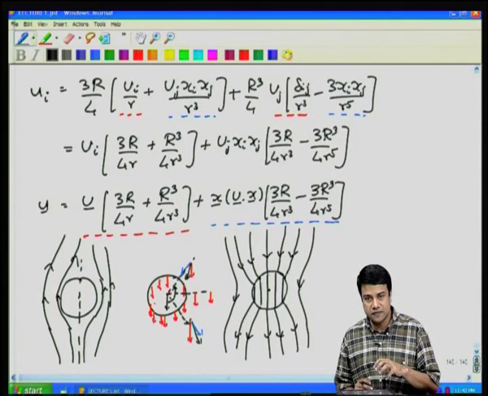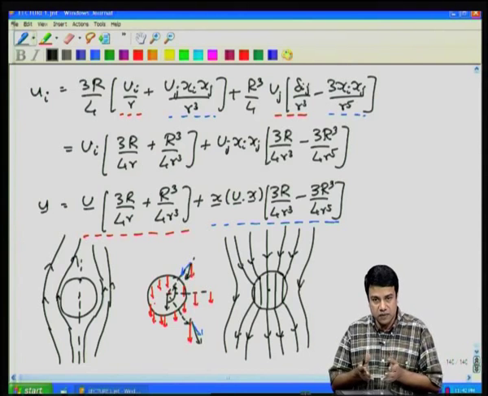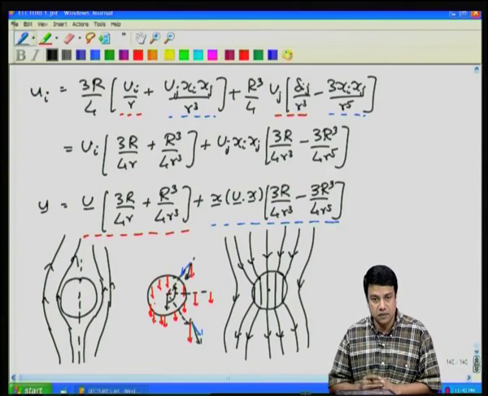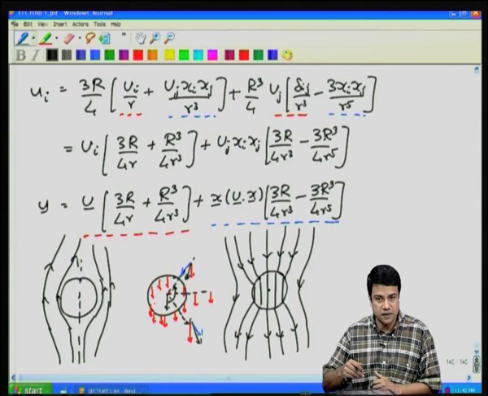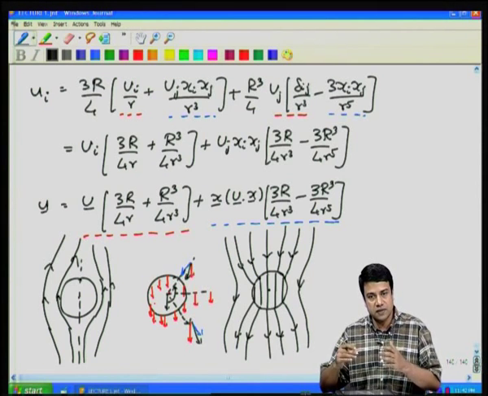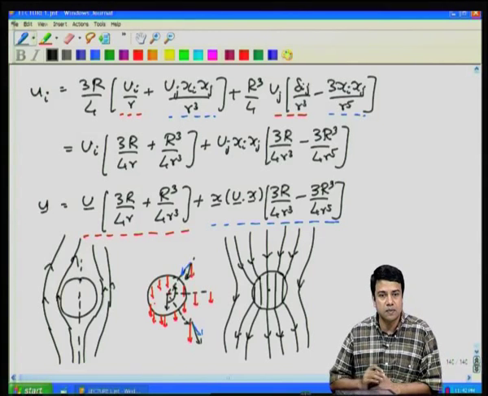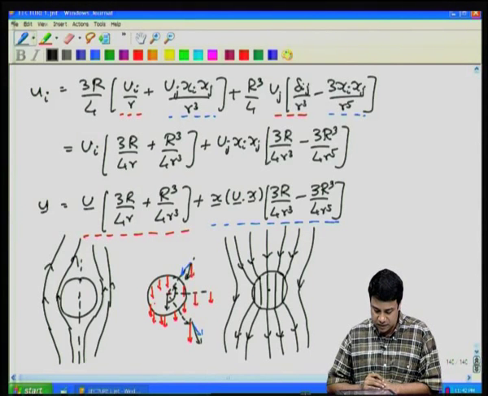If you are moving with the sphere, fluid is going past you upwards, and therefore, you have fluid that is diverging as it goes past you. Whereas, if you are in a fixed reference frame, the space below the sphere, the fluid there has to be pushed out. So, it goes outwards. The space above the sphere, the fluid has to come inwards. Okay. All of that is captured by this solution of the equations. So, the velocity that I get is just by subtracting out u from this.